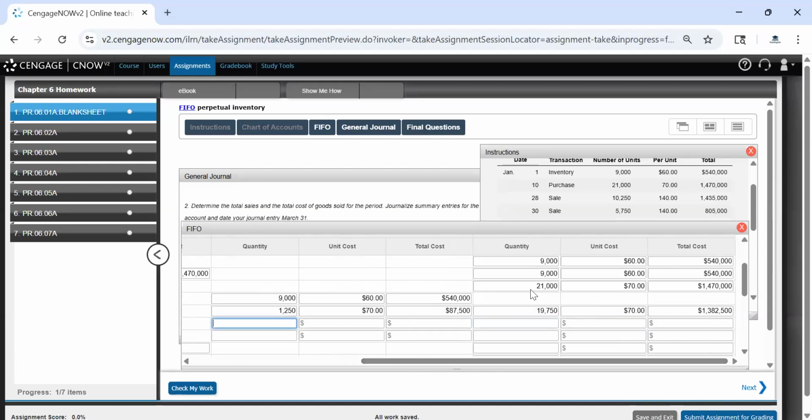Now on the 30th, we have another sale, and that's 5,750. And we're selling $70 inventory because that's all we have left.